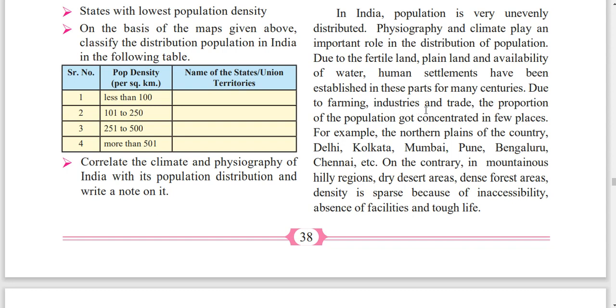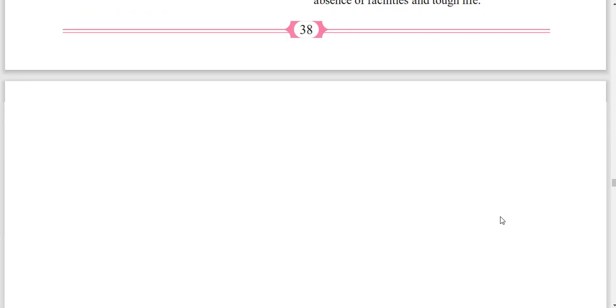Due to farming, industries, and trade, the population got concentrated in a few places, for example, the northern plain of the country, Delhi, Kolkata, Mumbai, Pune, Bangalore, Chennai, etc. On the contrary, in mountains, hilly regions, dry desert areas, and dense forest areas, density is sparse because of inaccessibility, absence of facilities, and tough life.